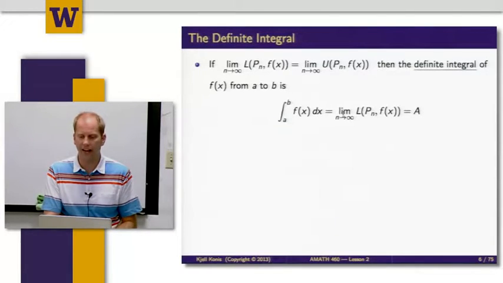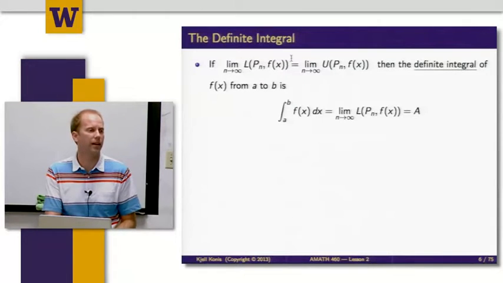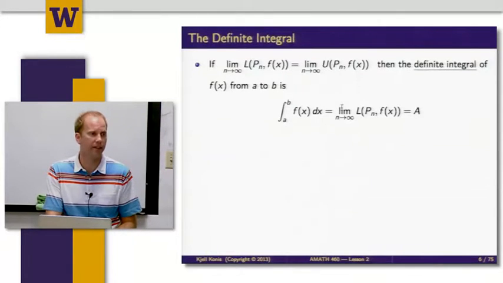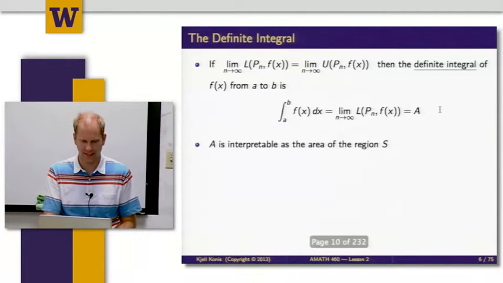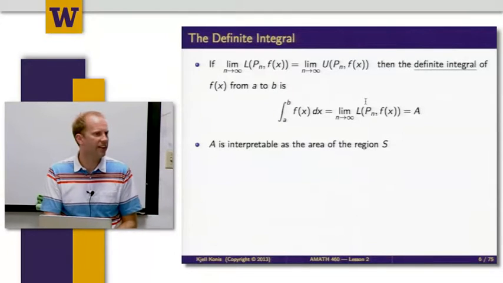I'm just going to define that to be the limit of, because these are equal, I can pick either one, but I picked the lower bound, and I'm going to call that a. And then the interpretation I get after doing all of this is that a can be interpreted as the area of the region S.